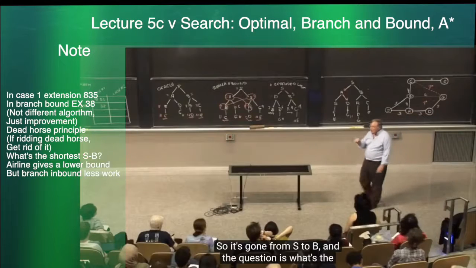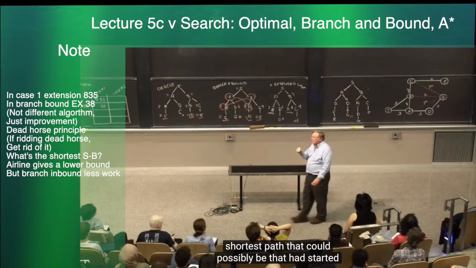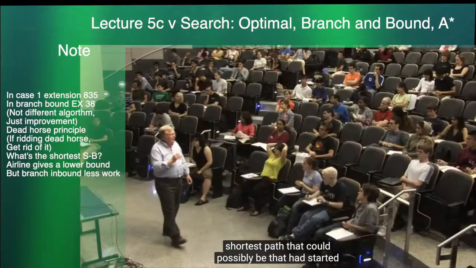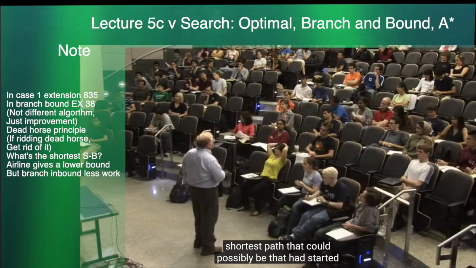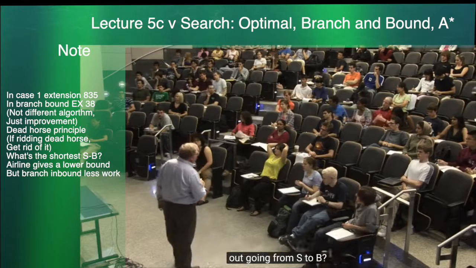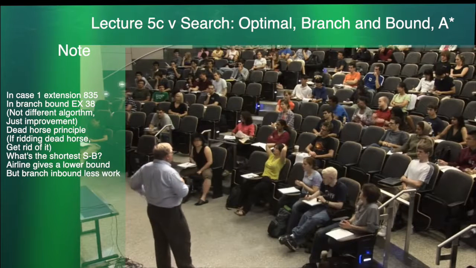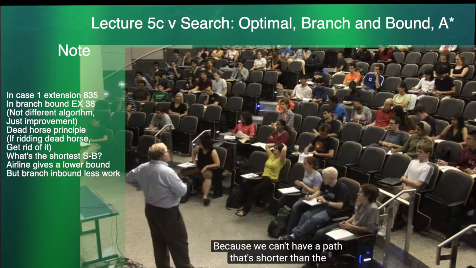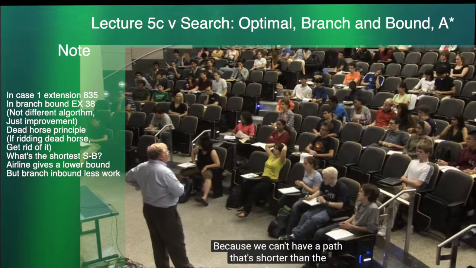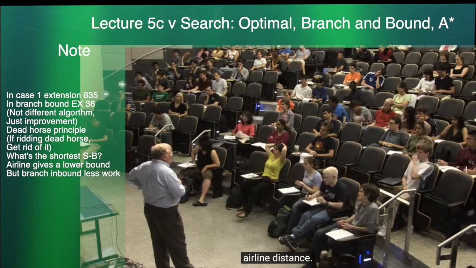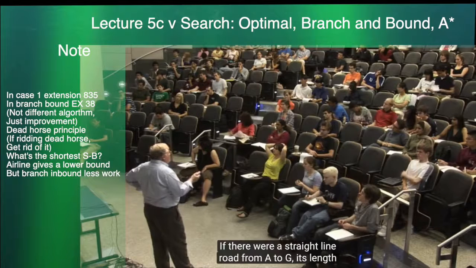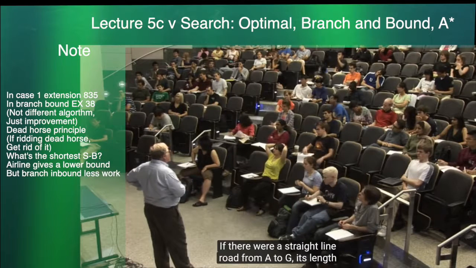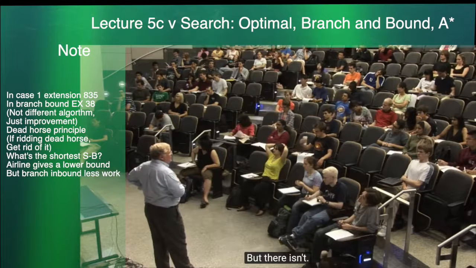So it's gone from S to B, and the question is, what's the shortest path that could possibly be that has started out going from S to B? 11, right? Because we can't have a path that's shorter than the airline distance. If there were a straight line road from B to G, its length would be 6, but there isn't.